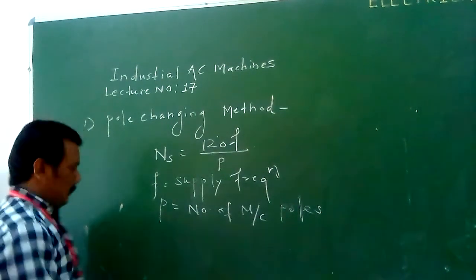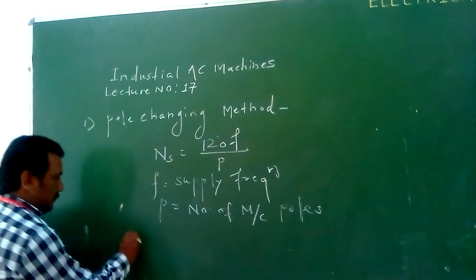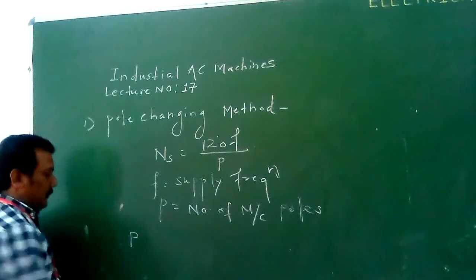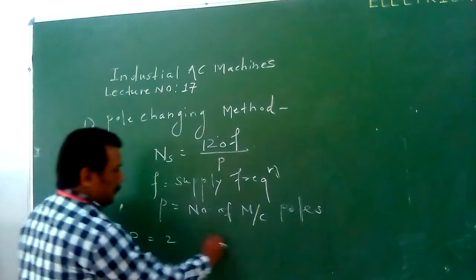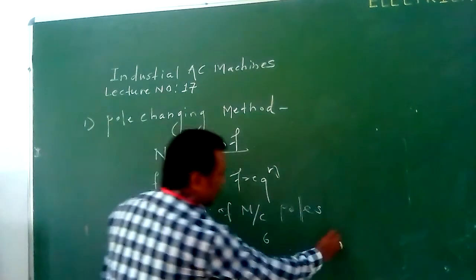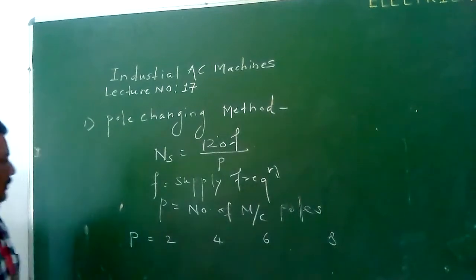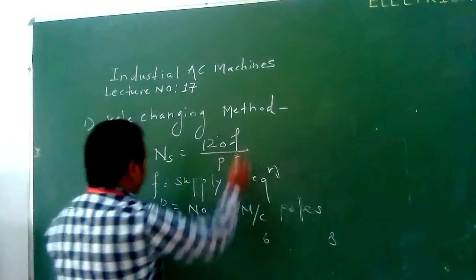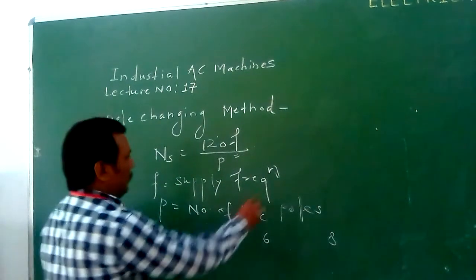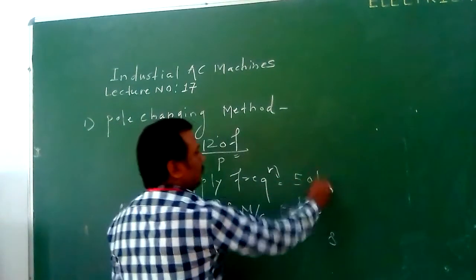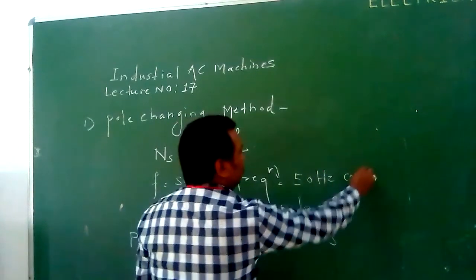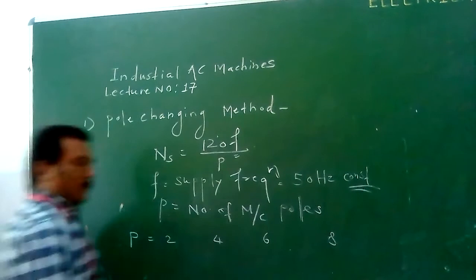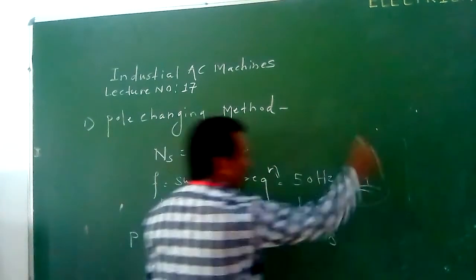Now here we consider poles 2, 4, 6, 8. Assume the frequency is constant in this case, frequency 50 Hz constant.